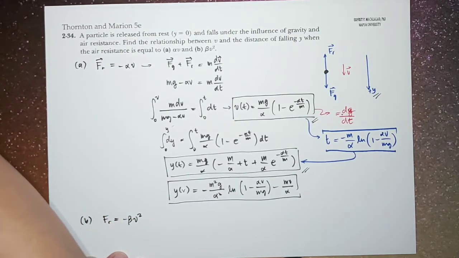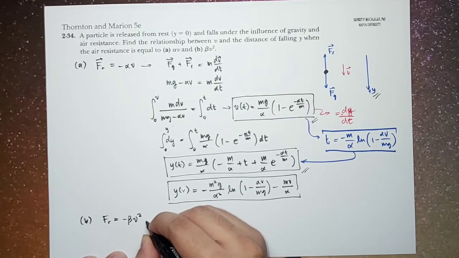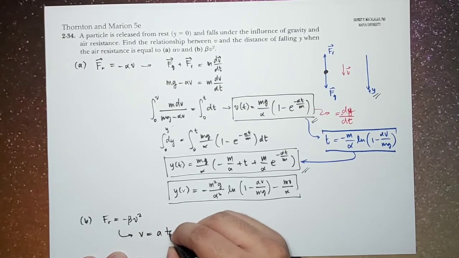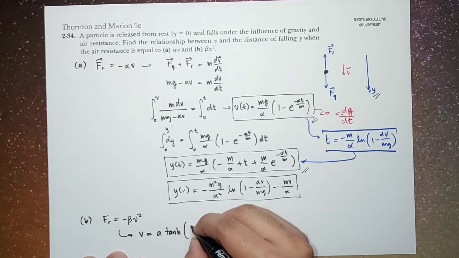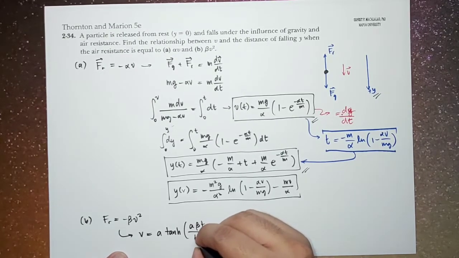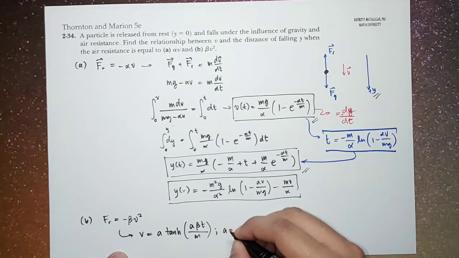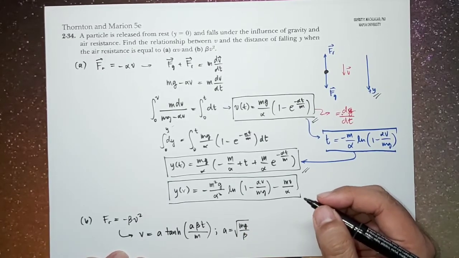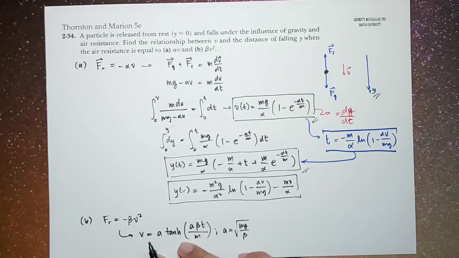For example, the resulting velocity function would be equal to a times the hyperbolic tangent of a beta t over m, where a is the square root of mg over beta. So that will be your velocity function.